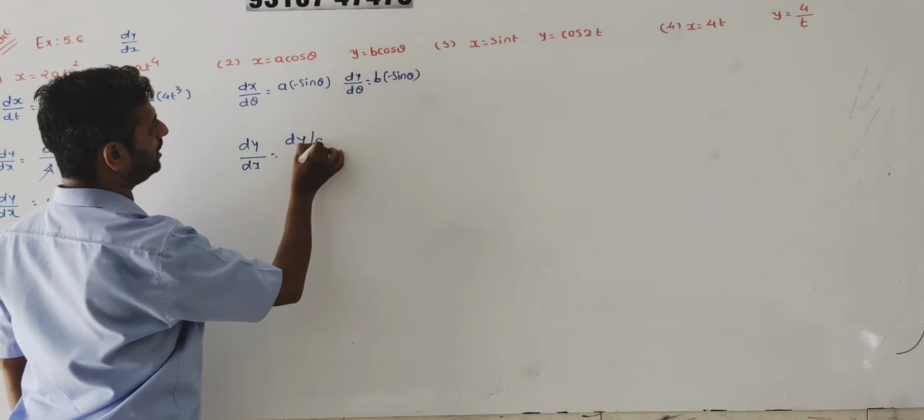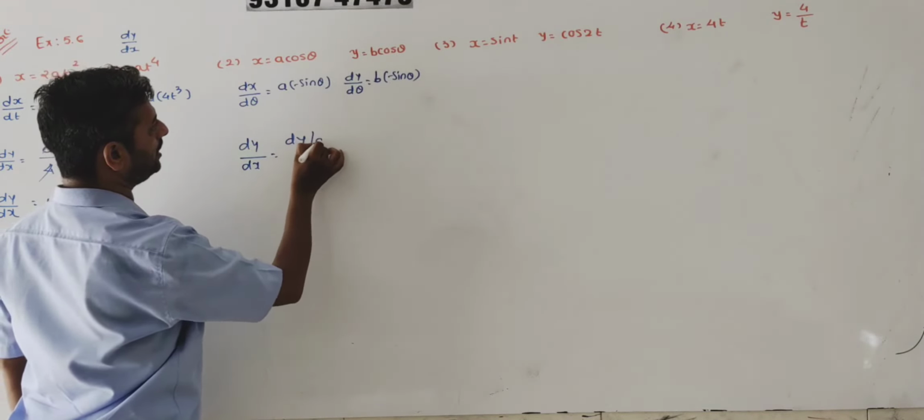Here dy by d theta is equal to the derivative of sin theta, which is cos theta, and the derivative of sin 2 theta is cos 2 theta, and here according to the general rule the derivative of 2 theta is 2. So our dy by dx is equal to dy by d theta upon dx by d theta.